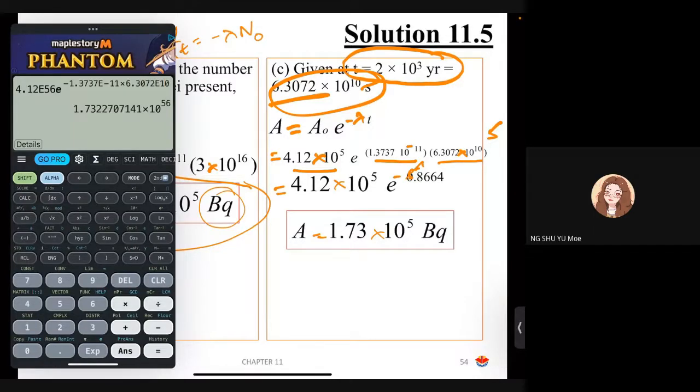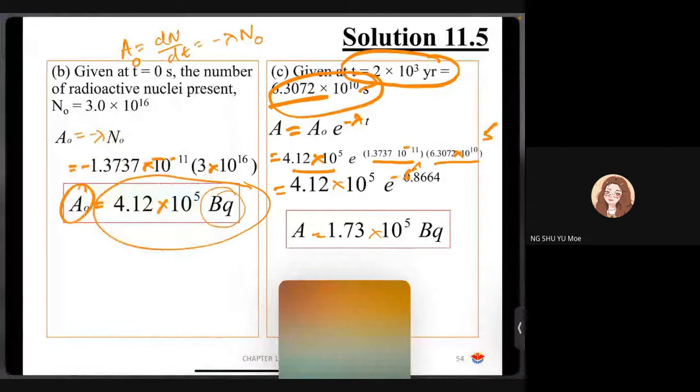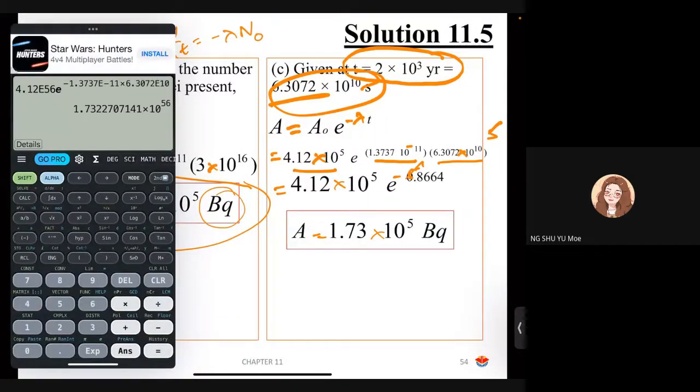So you akan dapat, betul lah. Kenapa 56 pula, besar sangat saya dapat ni? Ada tak salah saya tekan? Lambda ni berapa? 11 betul, 10. Kenapa saya dapat 56?